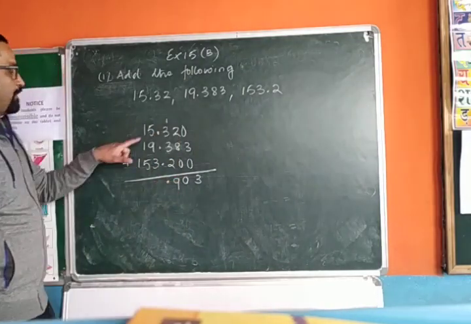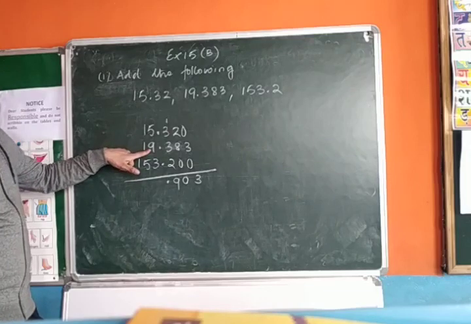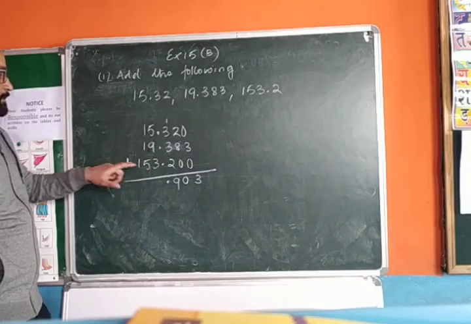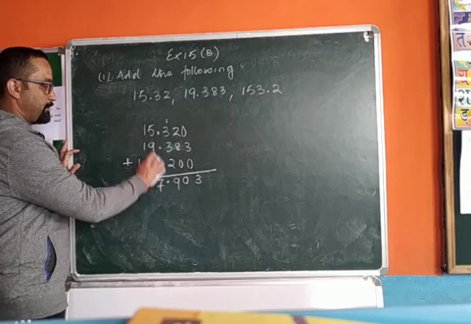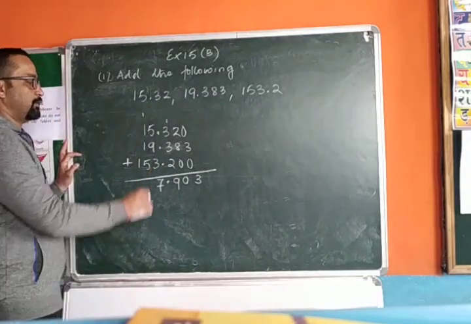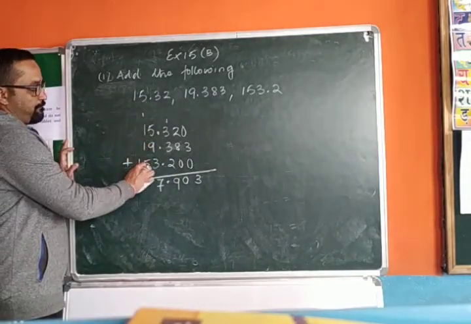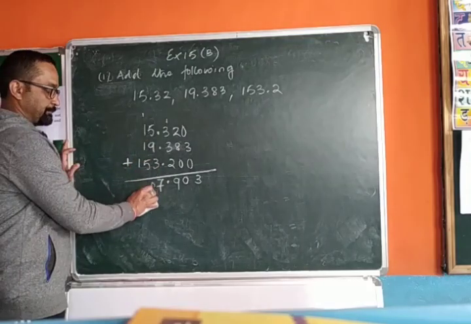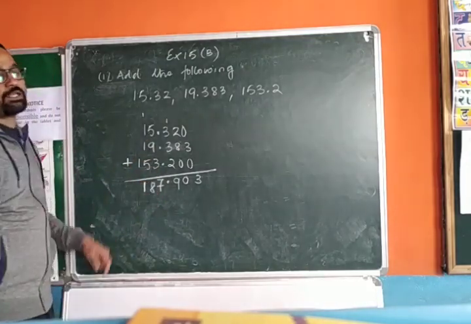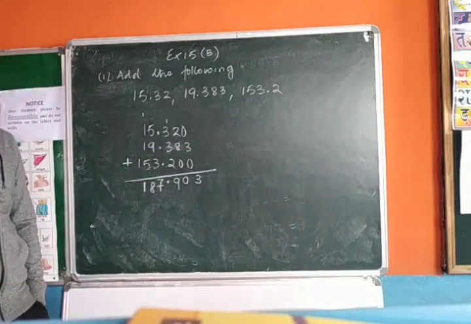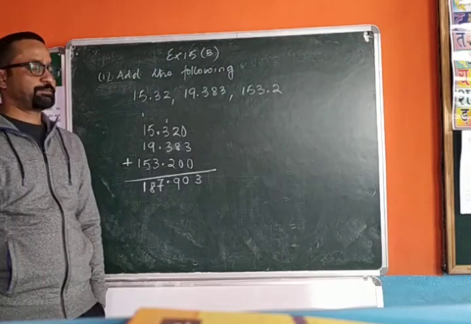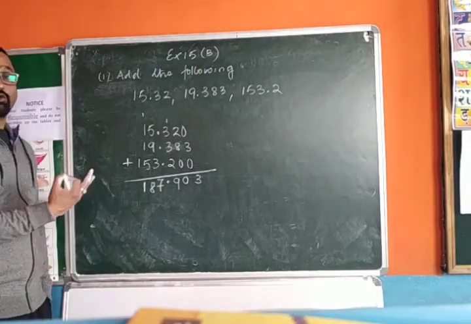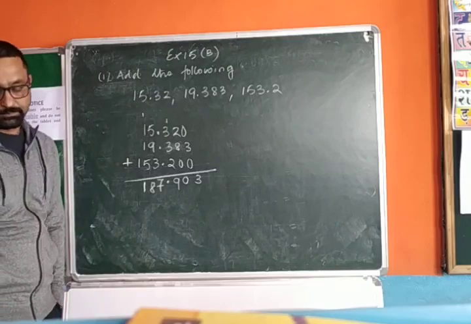Decimal. 9 plus 5 is 14, 14, 15, 16, 17. 7, 1 goes here, carry over. 1, 2, 5, 7, 8. Added value. Simple addition. Similarly, you can go for subtraction.